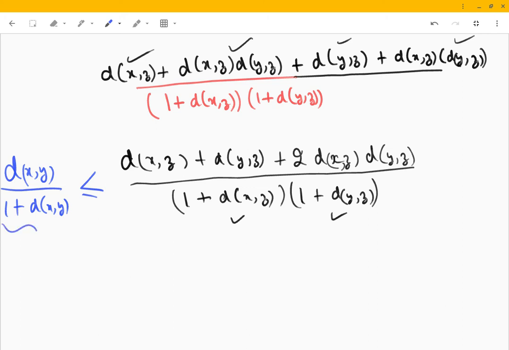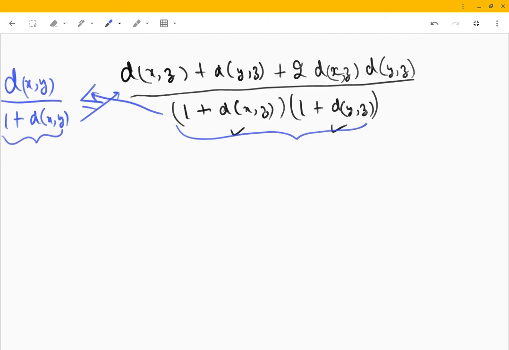And now since these quantities are positive, I'll just cross multiply, right? Let's see what we get.